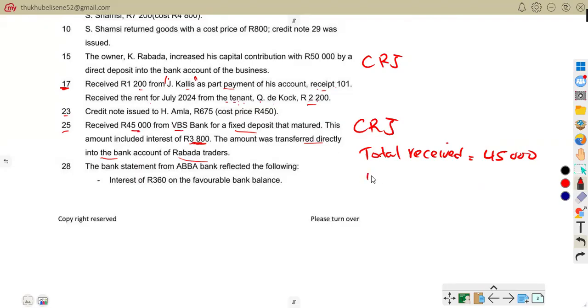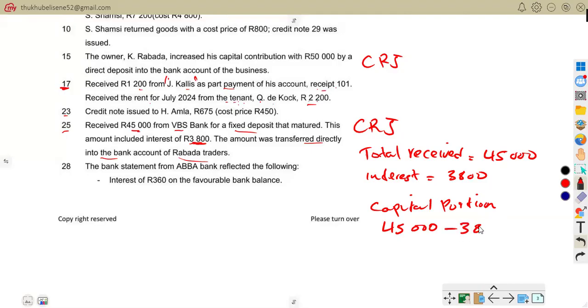How much is the interest? 3,800. So we want the capital portion. The capital portion is equal to 45,000 minus the interest of 3,800.